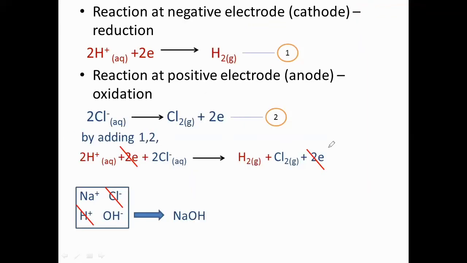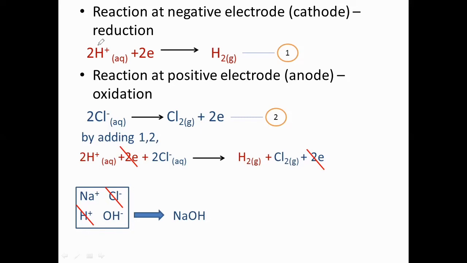Aqueous sodium chloride consists of sodium ions, chloride ions, hydroxide ions and hydrogen ions. Considering the reaction happening at the negative electrode, there are two positive ions, hydrogen ions and sodium ions.